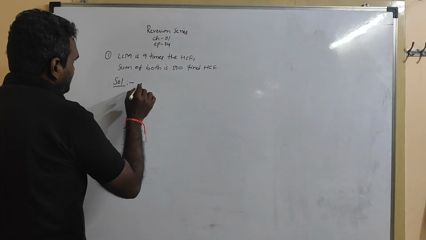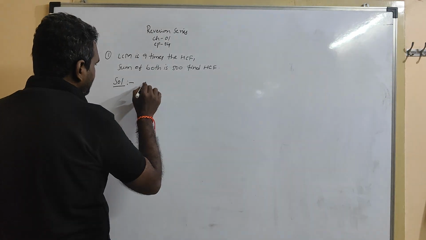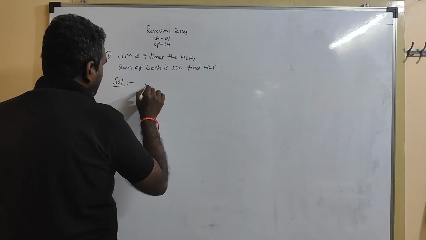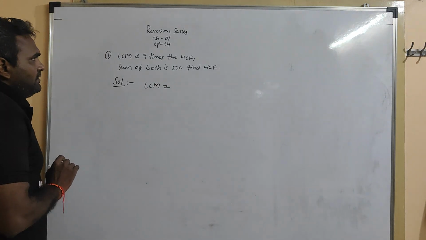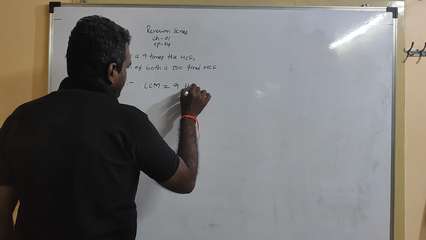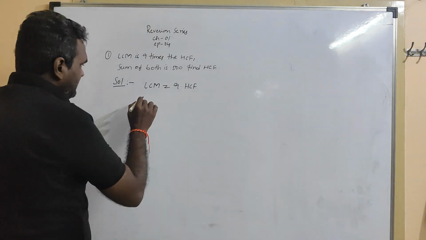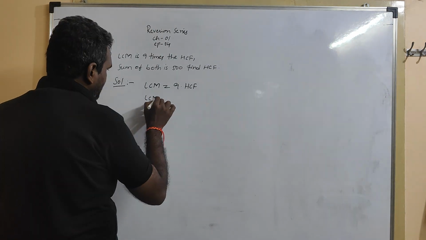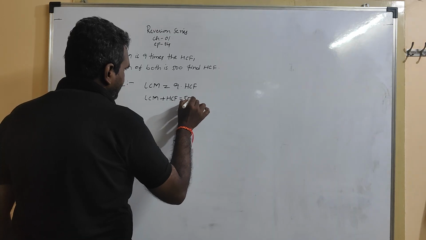Solution. LCM is equal to, what is the condition given that you write? LCM is equal to 9 times the HCF, means 9 into HCF. And next condition is sum of both is 500. That means LCM plus HCF is equal to 500.